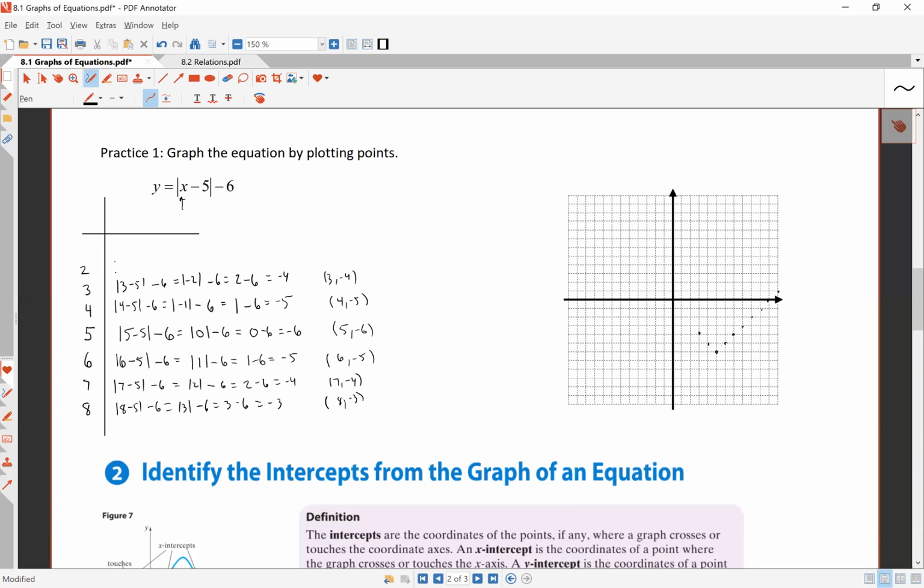When we plug in 2, it's the absolute value of 2 minus 5, minus 6, or the absolute value of negative 3. 3 take away 6 is negative 3, so I have (2, negative 3). The graphs of the absolute values are all going to look like these V's, and that's what we have now. So we connect these dots with a straight line.